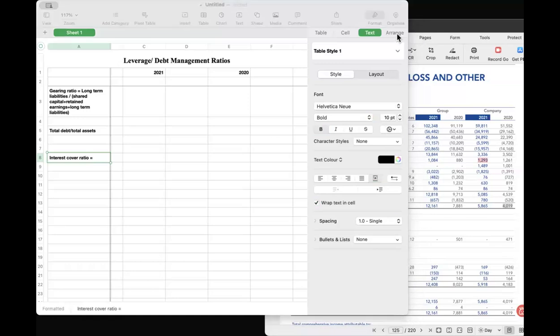And don't worry, most of the time the interest cover ratio has already been calculated in the annual reports. You'll be able to find it in the annual report itself, meaning they would have calculated it already, so you can just copy paste it. There's no harm in it.